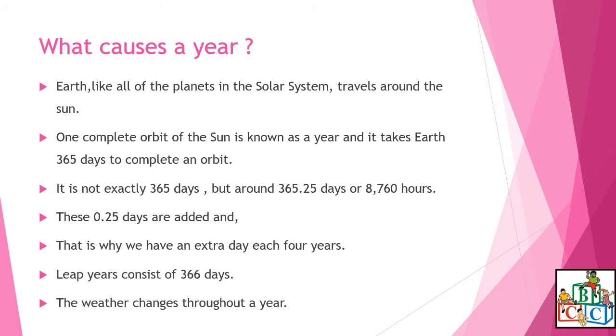For example, 2020 is a leap year, as in February we had 29 days this year. Leap years consist of 366 days, so this year 2020 you have 366 days.